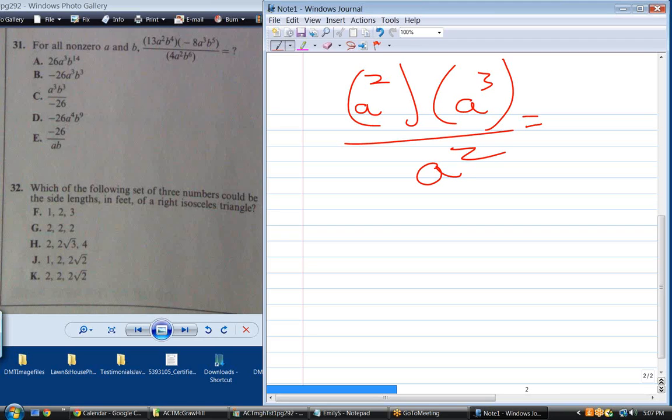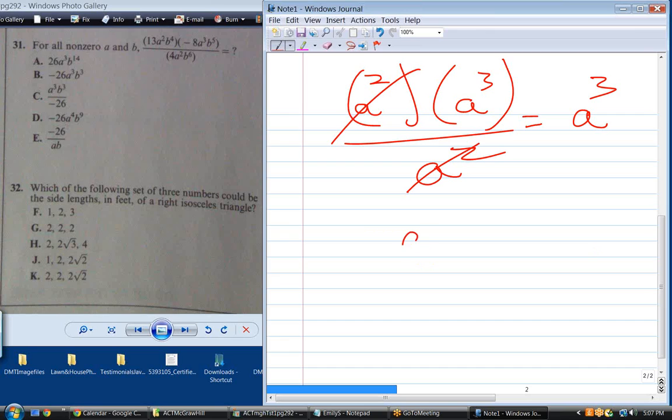You have to break this down and come up with, is it A to what power? 3.5. No, that cancels with that. You just have A cubed in the numerator. Oh. Okay.